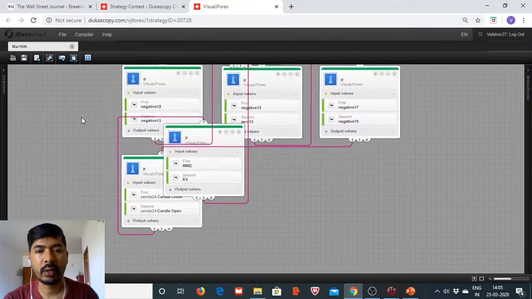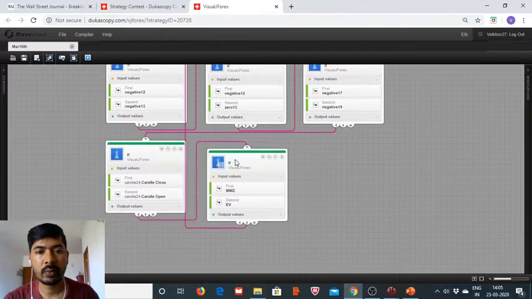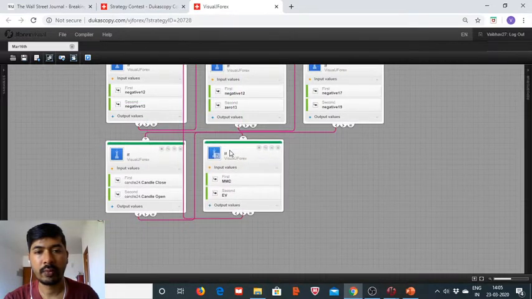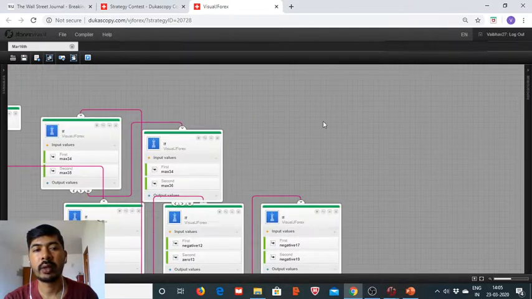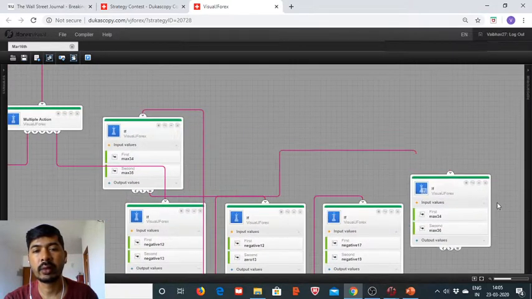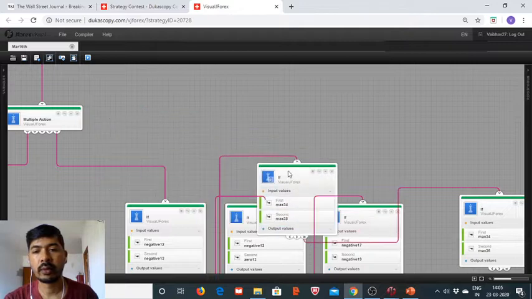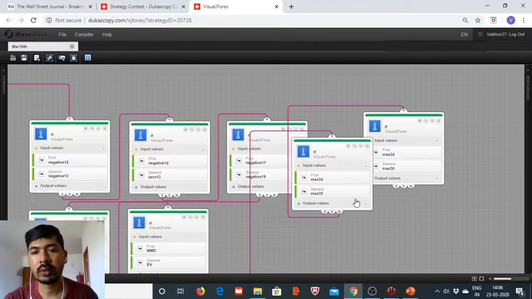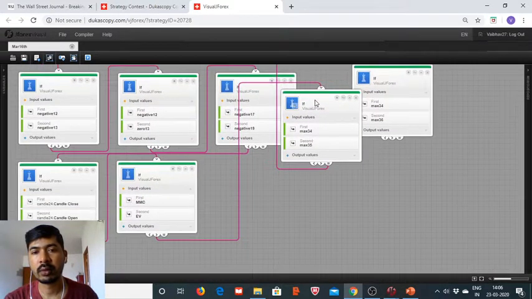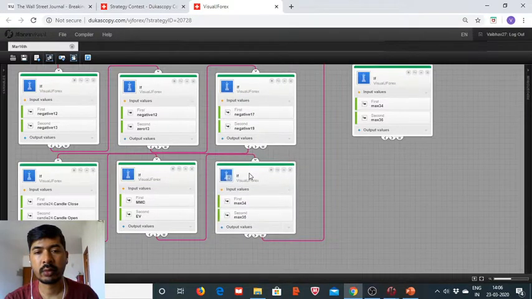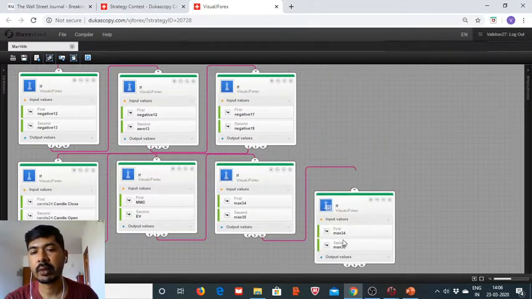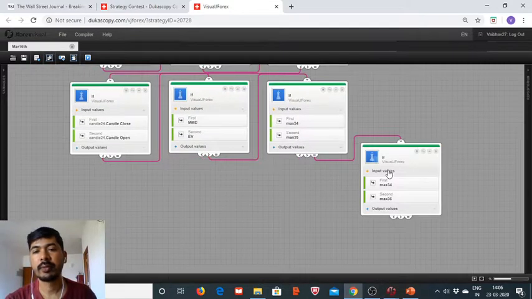So here we put this value, and then we add these values, okay.